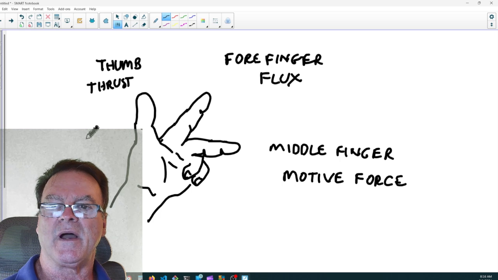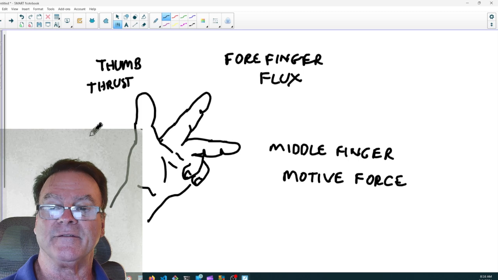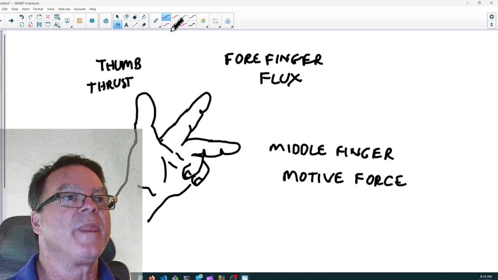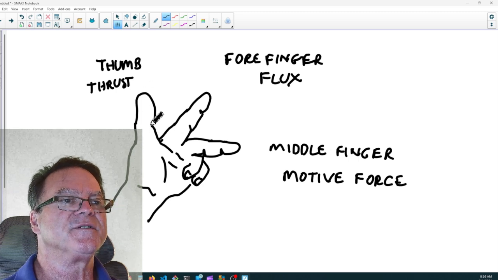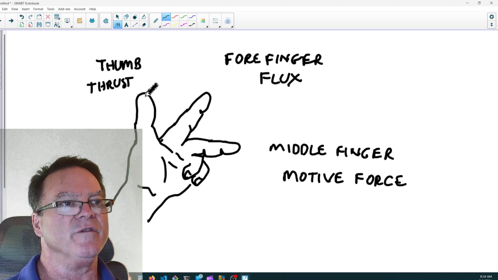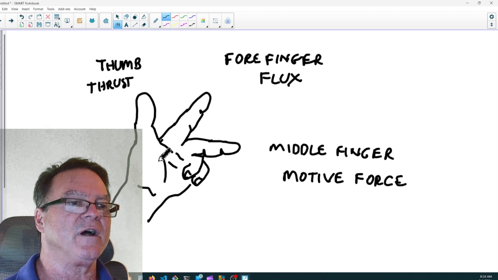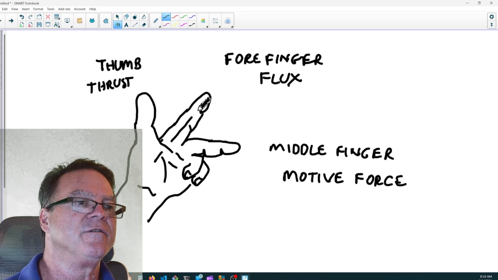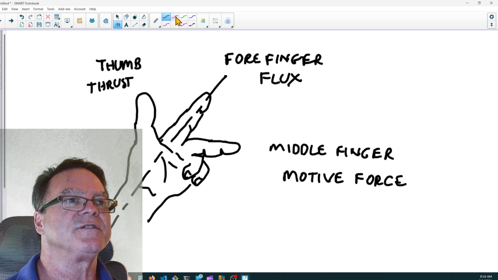Okay, so here's the left-hand rule. The thumb is the thrust. That's the motion of the conductor, the direction the conductor is moving. And the forefinger is flux. That's the magnetic flux, the direction of the magnetic flux.